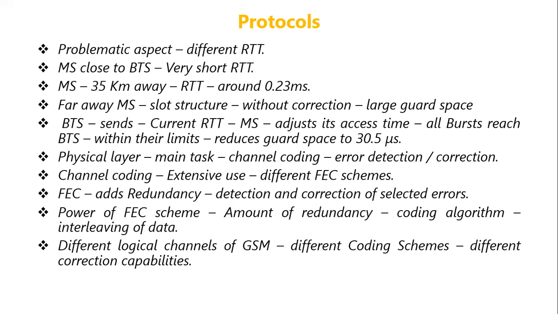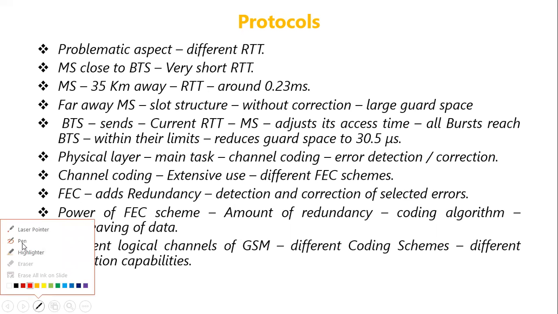The power of the forward error correction algorithm depends on the amount of redundancy, the coding algorithm, and interleaving of data to minimize the burst errors. You can see that it is mentioned here.